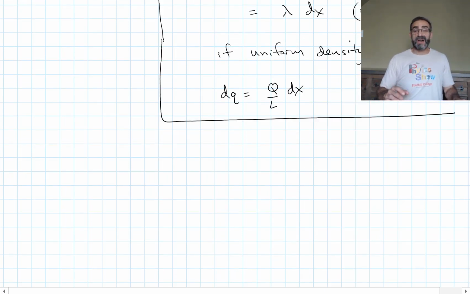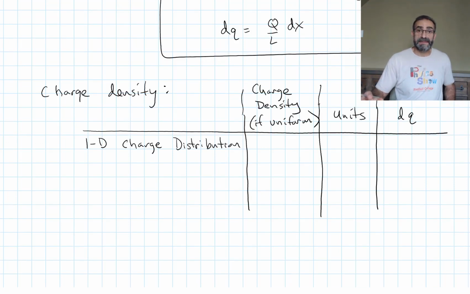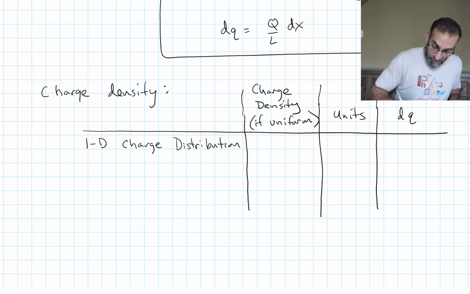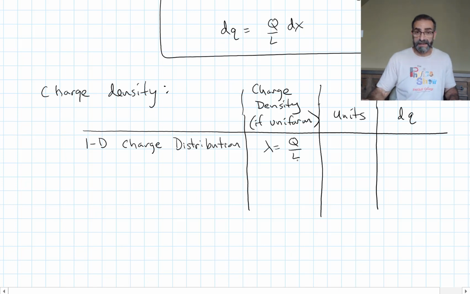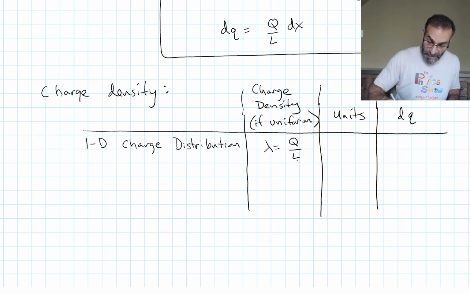Let's take a minute to talk about charge density. In our case, we had a one-dimensional charge distribution. So for a one-dimensional charge distribution, our charge density, if it's uniformly distributed, will be the total charge over the total length. So the units for lambda will be coulombs per meter.